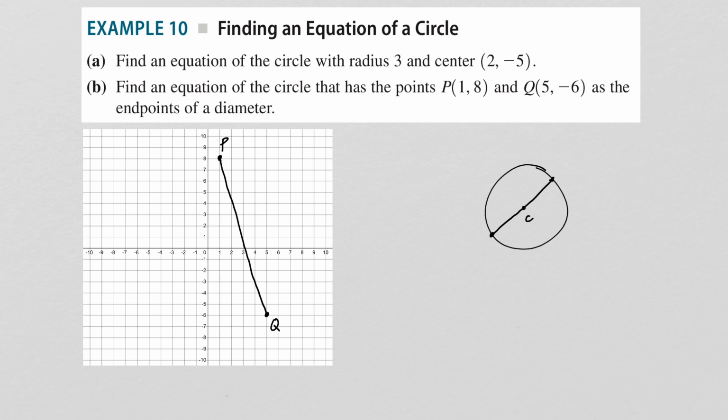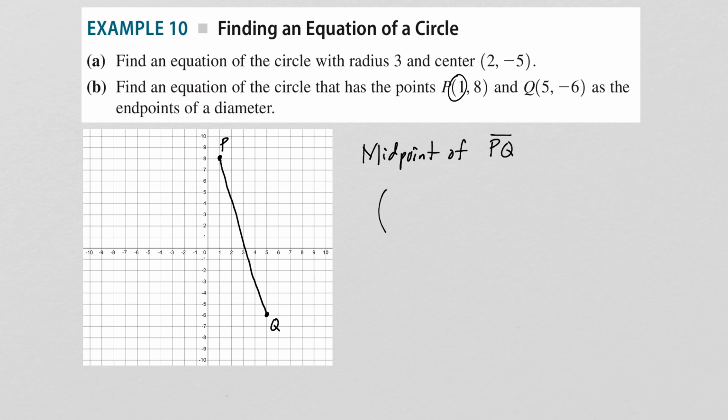So we need to find that center by finding the midpoint of the segment PQ. To do that, remember we take the x coordinates, 1 and 5, add those together and divide by 2. And then we take the y coordinates, 8 and -6, add them together and divide by 2.